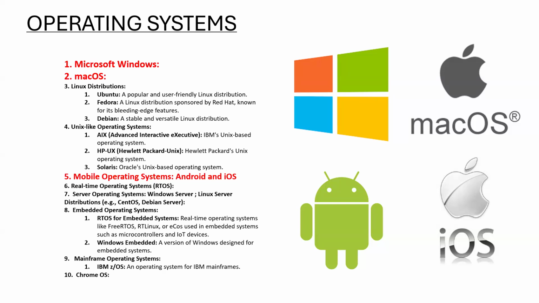I think the market now is dominated by Android because they are collaborating with a lot of companies like Oppo, Infinix, Tecno, Samsung, Panasonic, LG. Is LG producing phones? I don't know, but they have a lot of partners that they are working with. Then iOS is for Apple phones. So that is the operating system for Apple phones.